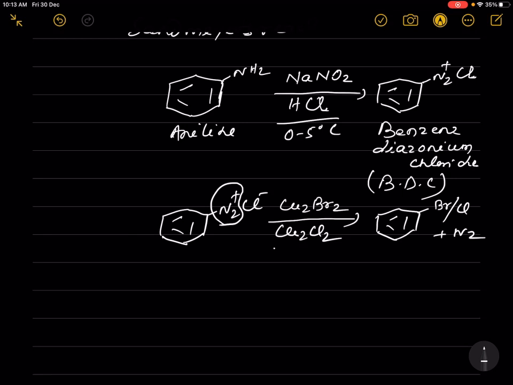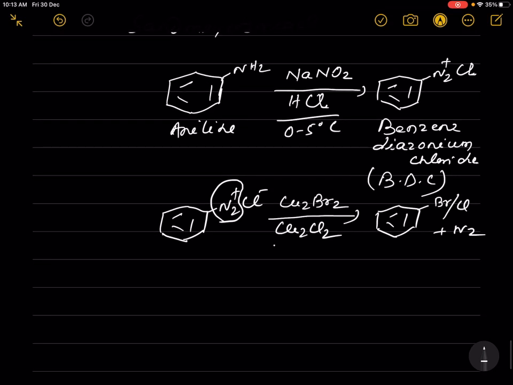Or you can write it like this also. Take benzene diazonium chloride.